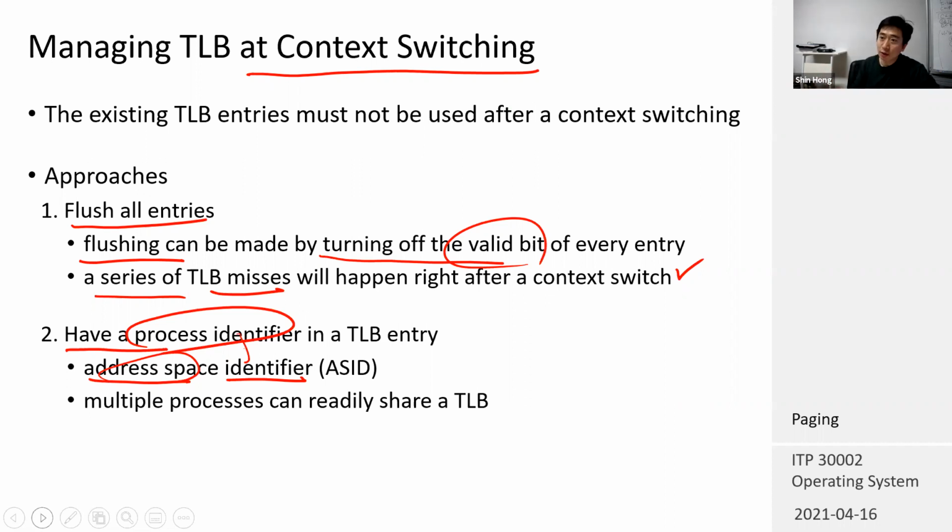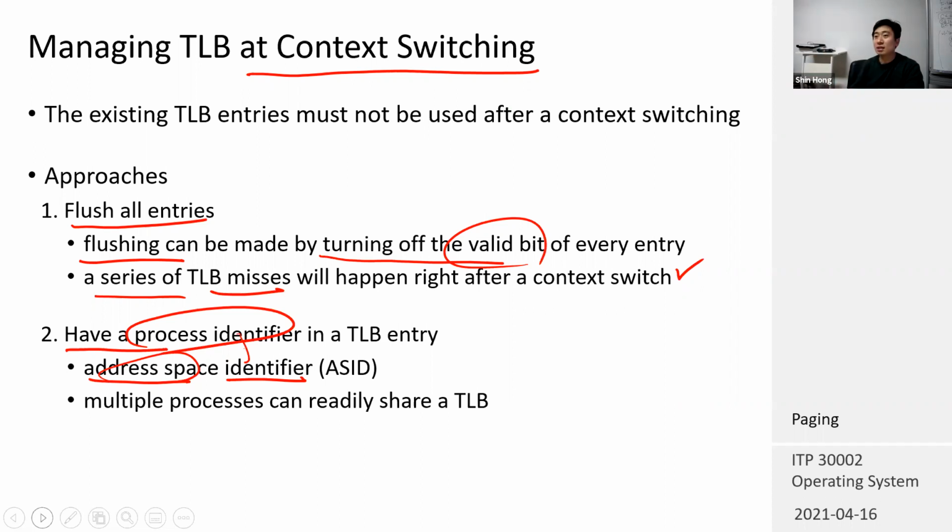Then what? A new process is loaded. If there is no TLB entry for the new process at the moment, then essentially a TLB miss will happen. But what if the new process does not really use many pages? Then a larger portion of the TLB will remain. And maybe eventually the old process will be dispatched again.